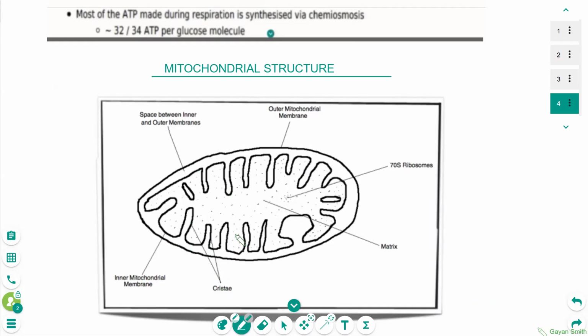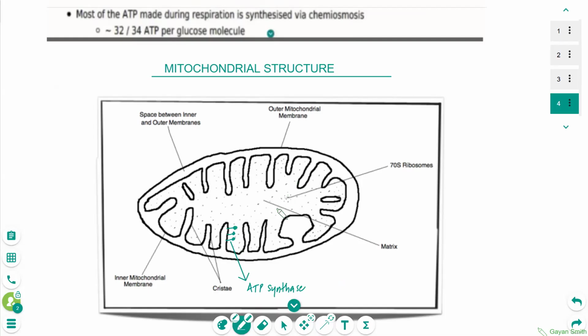Those are the folds, right? And then on the crista, you can see the little ATP synthase enzymes that are on the inner membrane. So I'm adding some detail to it, the other things that are not here that are important.